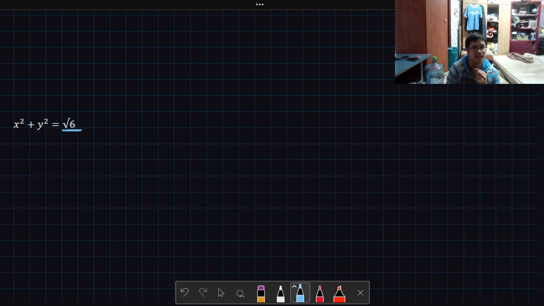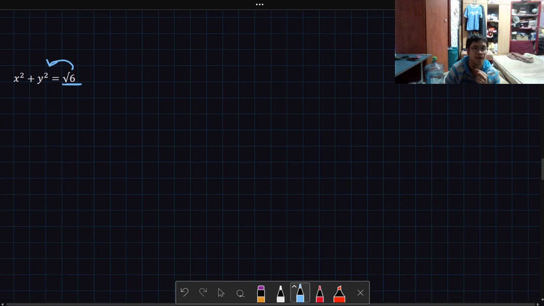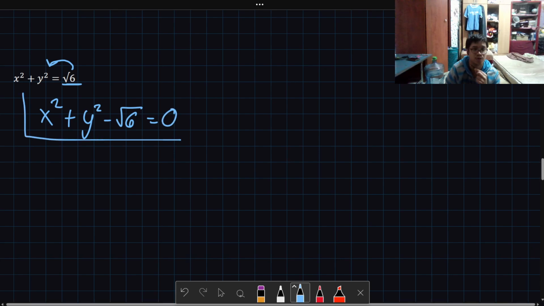But here in this case, it has a square root, so that implies that it is still a constant term, all right? Nothing changes. So what are we going to do? Just group them together here. Okay, so we will have x squared plus y squared minus square root of 6 is equal to 0. And we're good to go.